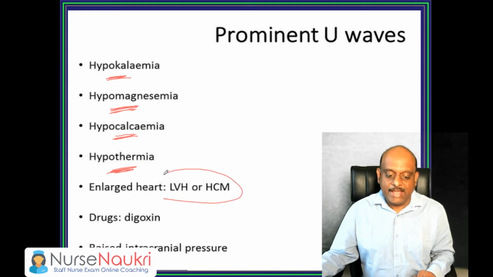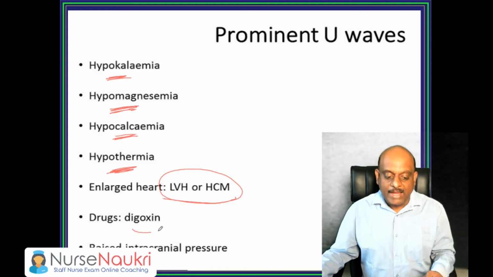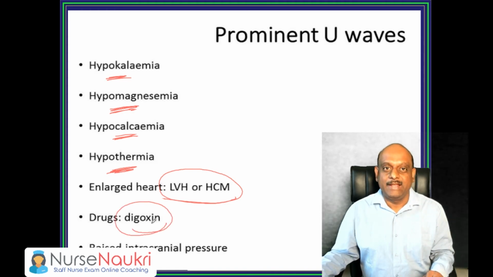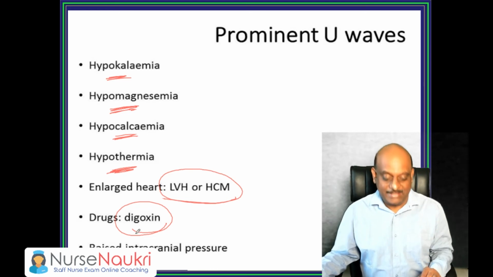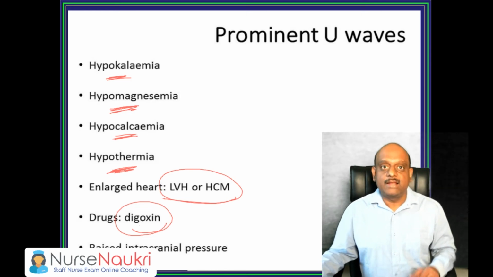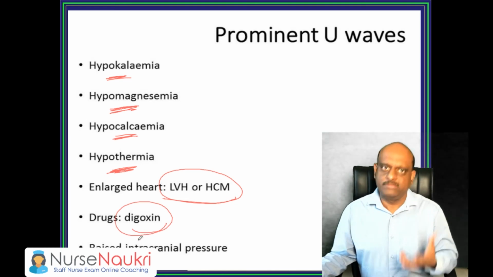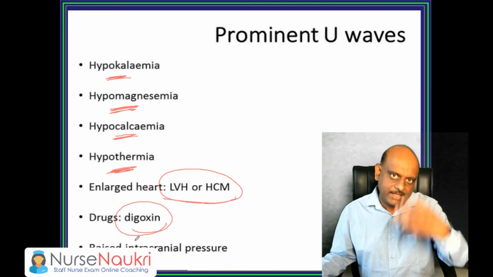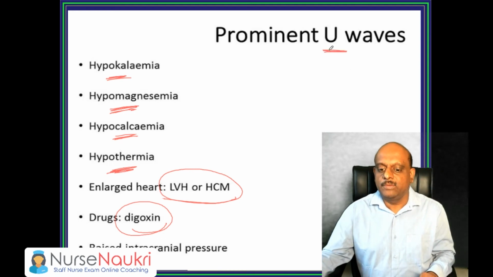If there is an enlarged heart, if the left ventricle is hypertrophic, you get U wave. Certain medicines, digoxin, can lead to U wave after the T wave in the ECG. And raised intracranial pressure, if the person had a head injury and the pressure inside the skull increased, that also can lead to the U wave.